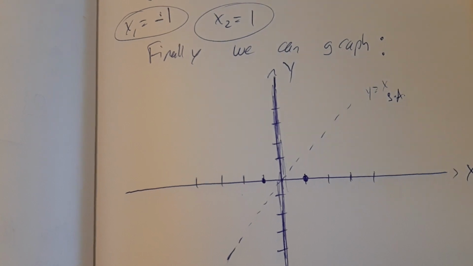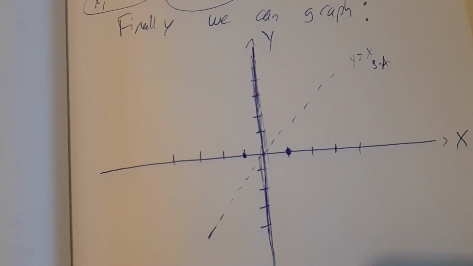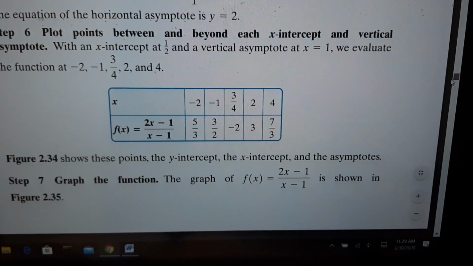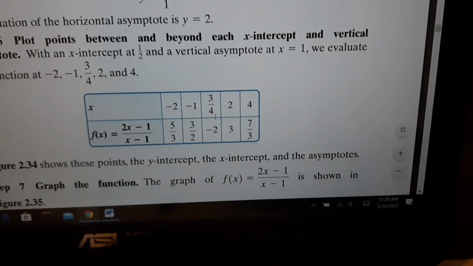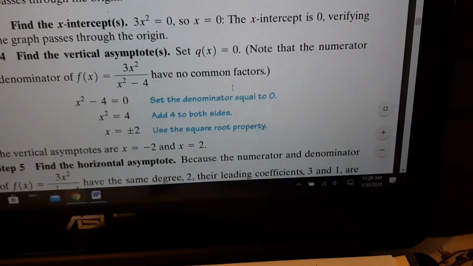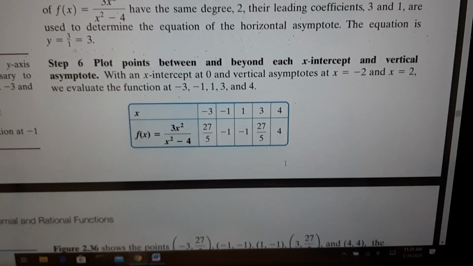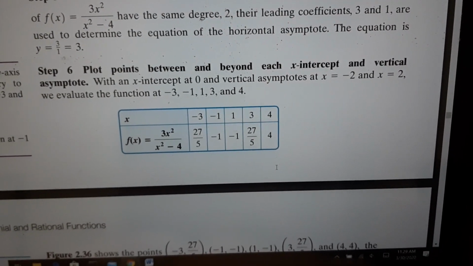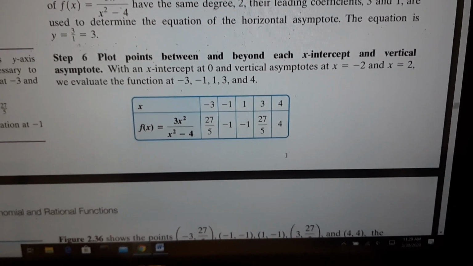Now remember that thing that I said from the book that we were going to use again? Well, now we're using it. Let's see if I can find it again. All right, here we go. So we have to, wait, no, it's not that one. It's this one, yeah. So we have to plot the points between and beyond the x-intercept and the vertical asymptote.